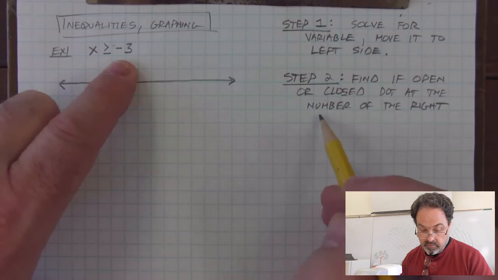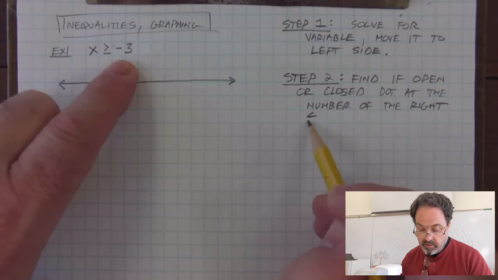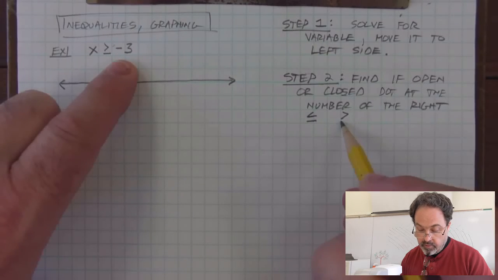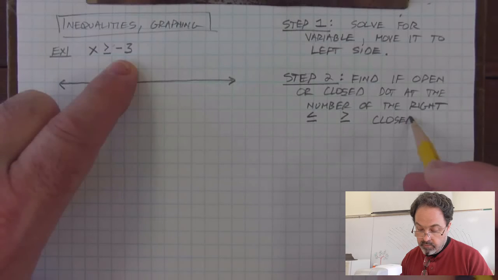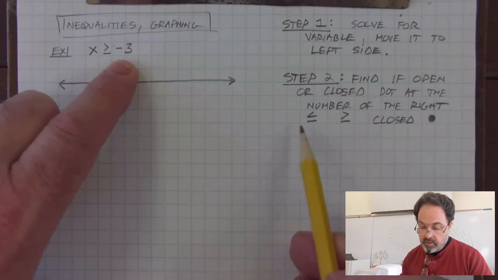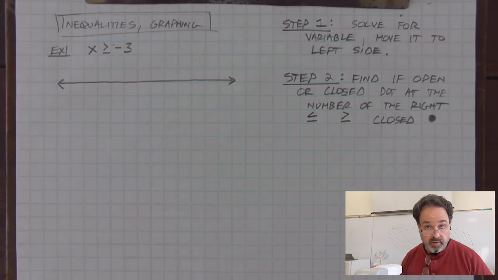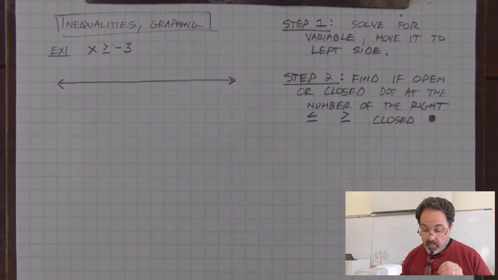If the inequality symbol is less than and equal to or greater than and equal to, then we're going to use a closed dot, which looks like a point that's filled in. The reason we're going to use a closed dot is because that's the symbol for being at a location.